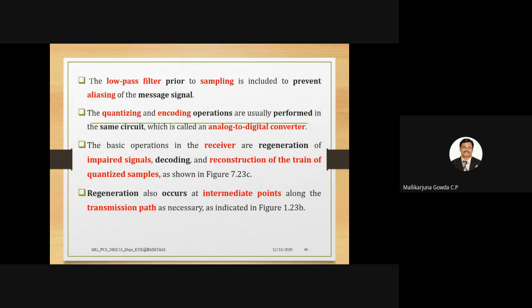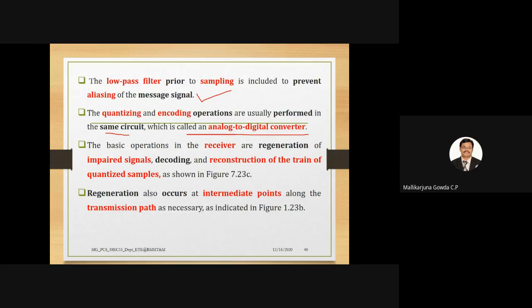The low pass filter prior to sampling is included to prevent the aliasing of the message signal. Then the quantizing and encoding operations are performed in the same circuit, which is why it is known as an analog to digital converter. So PCM is nothing but an analog to digital converter. This is all about the transmitter.